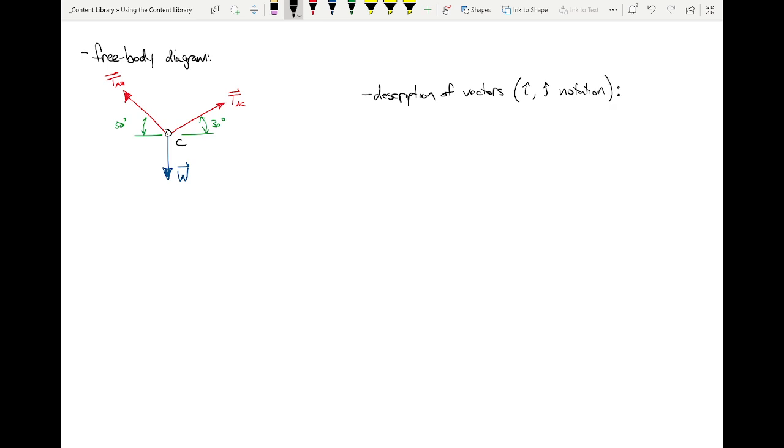Let's start off with vector TAB. Let's take our time with this. TAB is going to be a pile of junk times I plus a pile of junk times J. Let's see if we can fill in that junk.